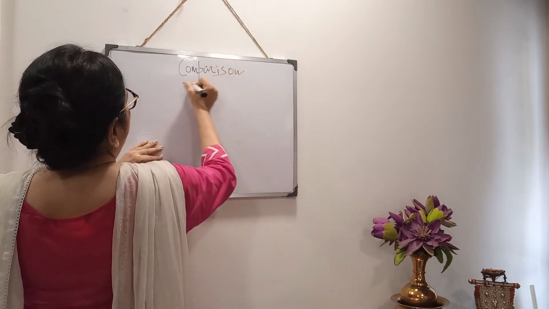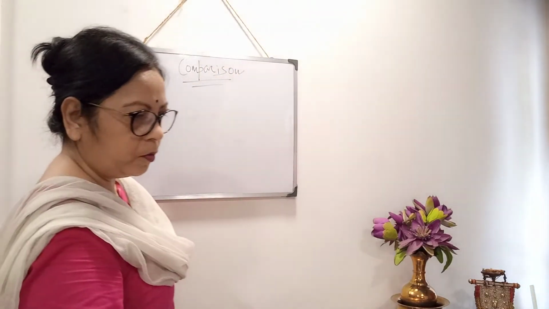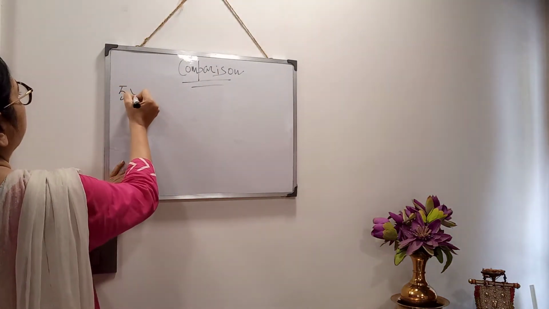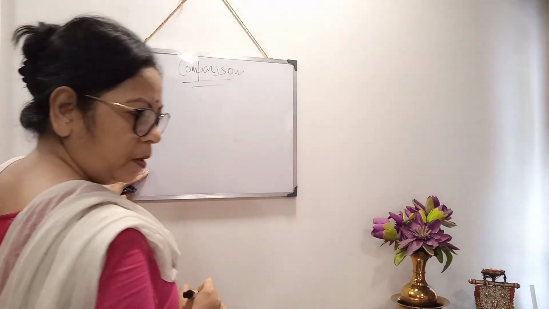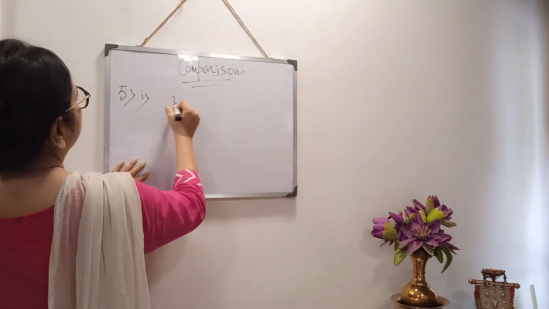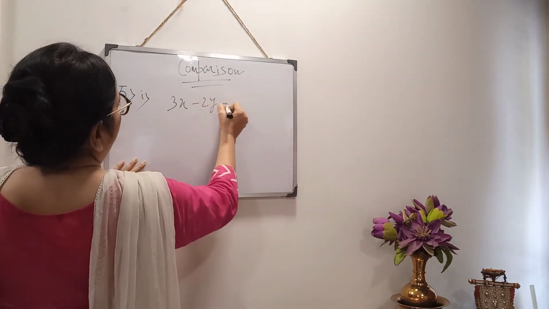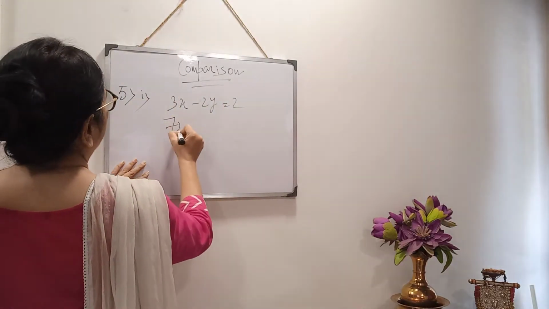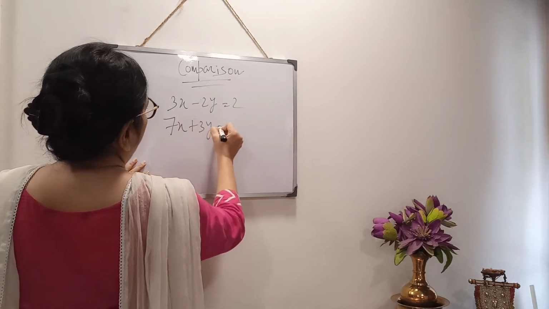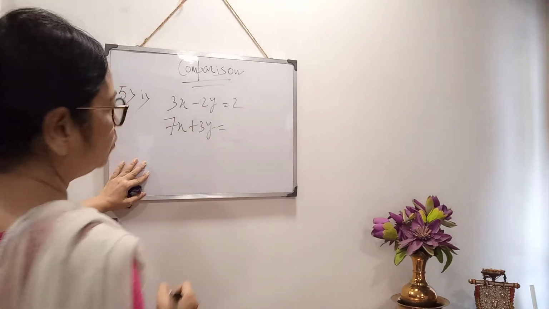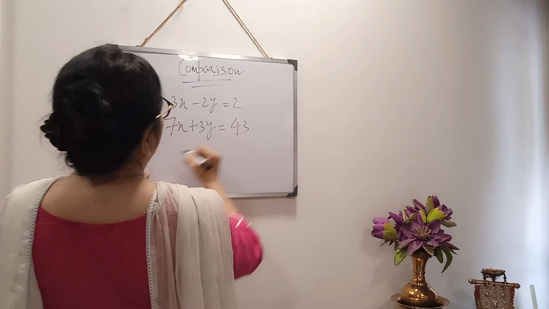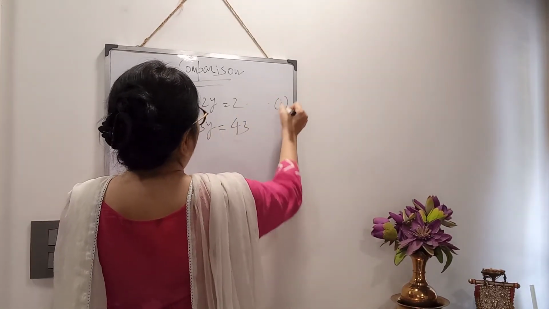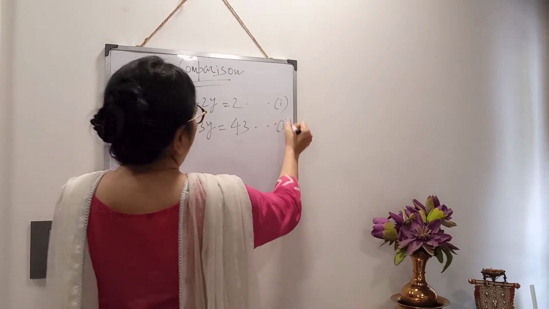I am writing one equation. 5.1, sum number 1. 3x minus 2y equals to 2, 7x plus 3y equals to 43. This is my original equation number 1. This is my equation number 2.